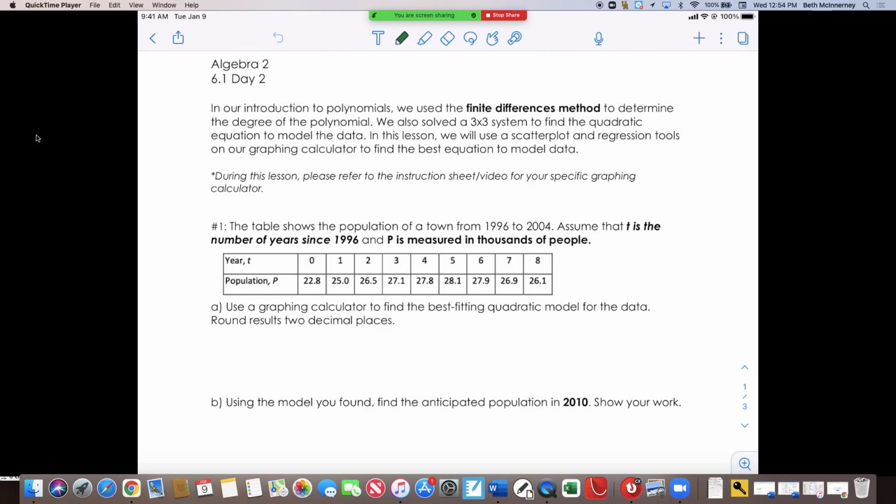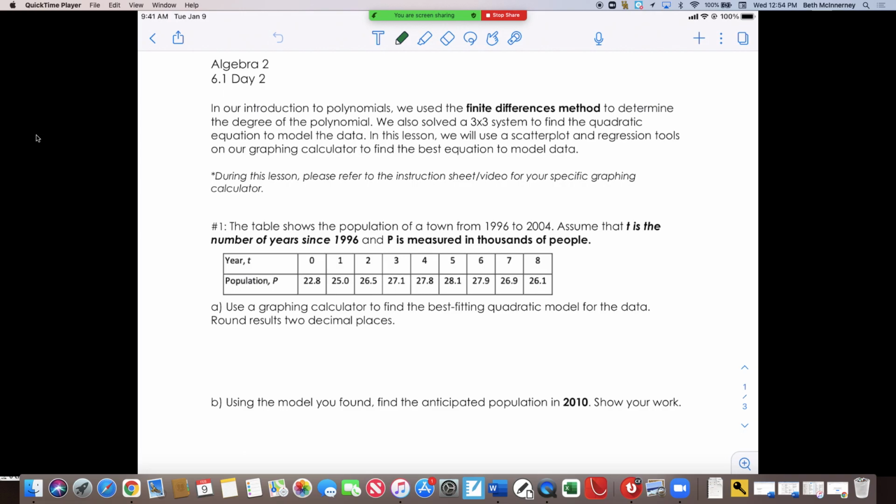If you go to Canvas, into our module for this week, today is Wednesday, just scroll there. Yeah, there's a link. All right, so in our introduction to polynomials, we used the finite differences method to determine the degree of the polynomial.